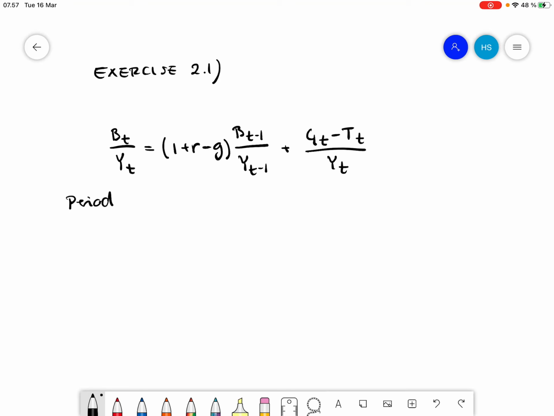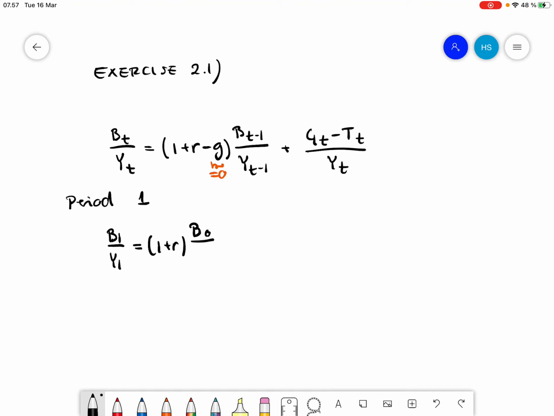We are interested in the debt to GDP ratio in period 1. Therefore, we write debt stock in period 1 over output in period 1. Notice there is no output growth, so g is equal to 0. We have 1 plus r times B. So we're in period 1. It says B, T minus 1. T is equal to 1.